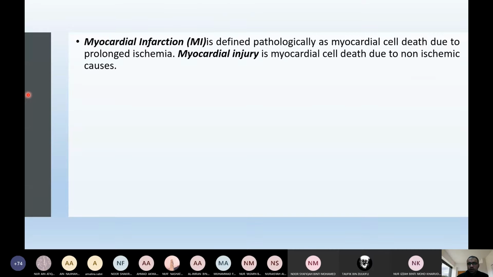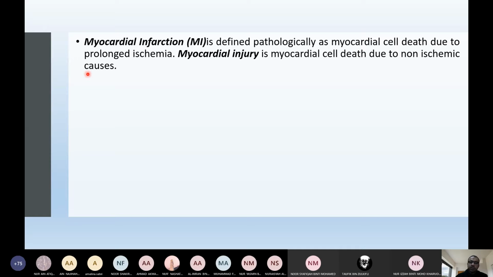So in terms of the diagnosis, as I mentioned, myocardial infarction, the MI, is defined as myocardial injury or myocardial death.